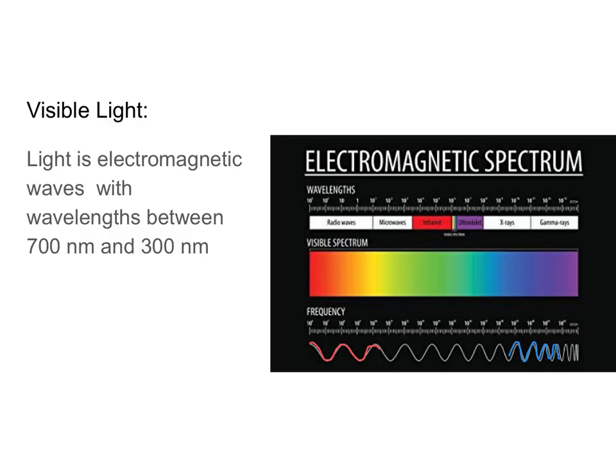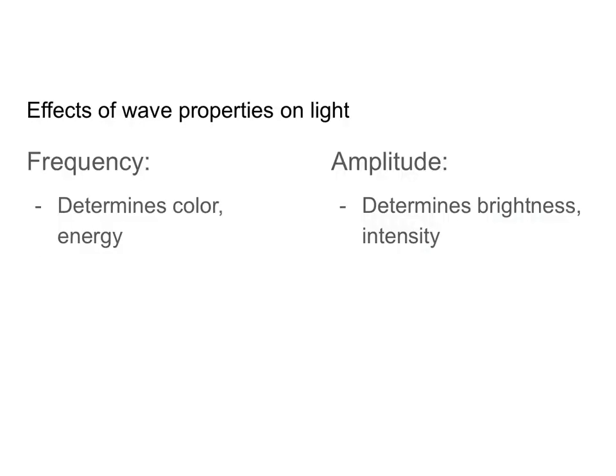So the frequency of light affects the color that we see. And just like with sound, the amplitude also has an effect on how we interact with light. Amplitude, again, is how much energy these waves are carrying, and so it's going to affect the brightness. It's how bright we see that and how intense that light is. And our frequency, just like with pitch in sound waves, determines our color and energy.